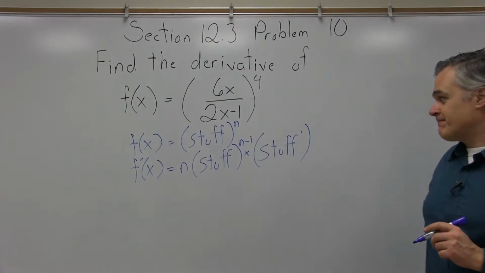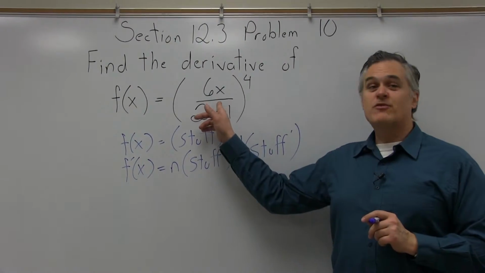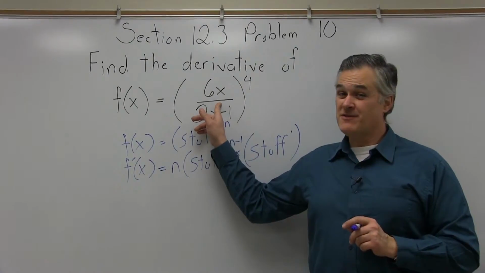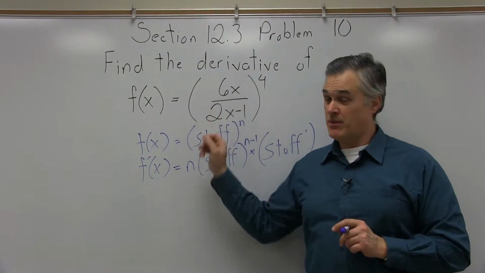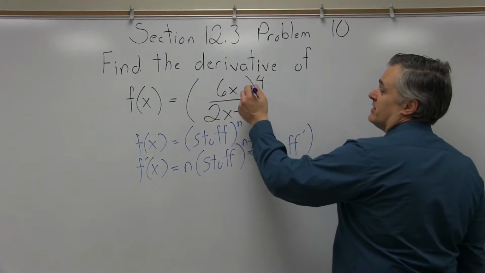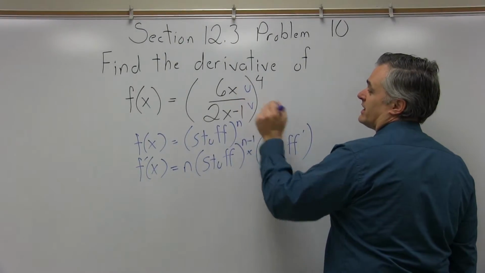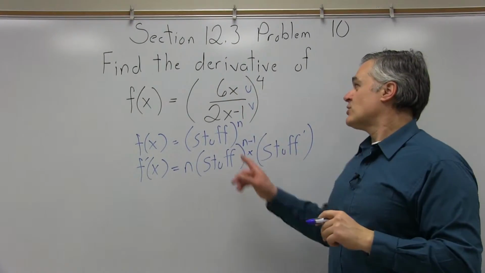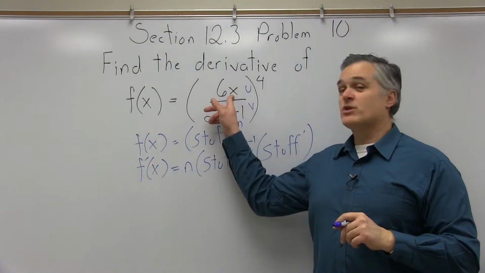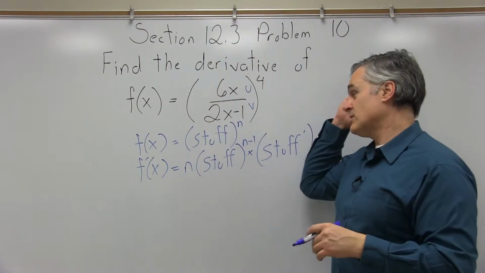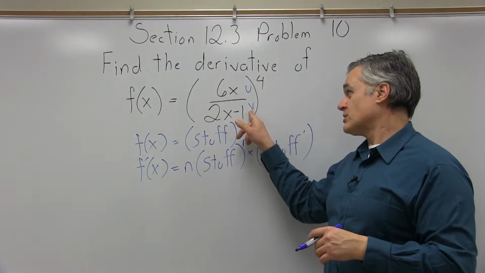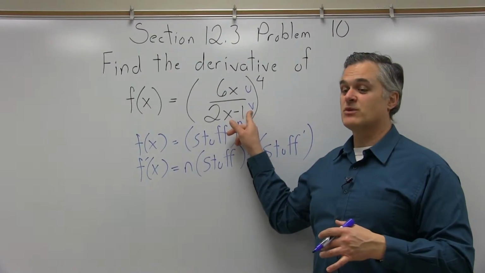Now, when we get to the stuff prime, the stuff is actually a quotient. It has a top and a bottom. This is from the previous section, 12.2. The top of this quotient would typically be represented with a u, so 6x is u. The denominator, 2x minus 1, is represented with a v.